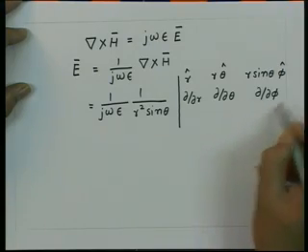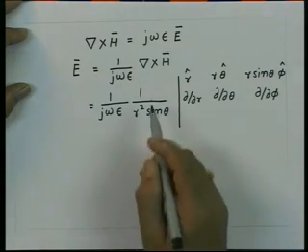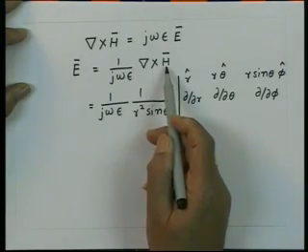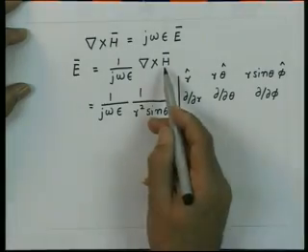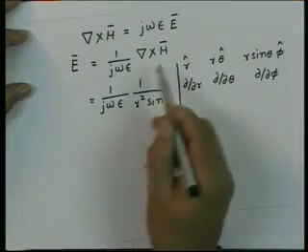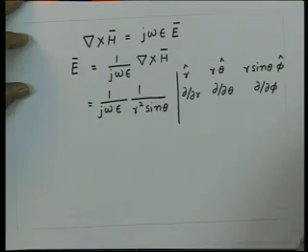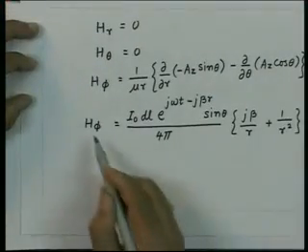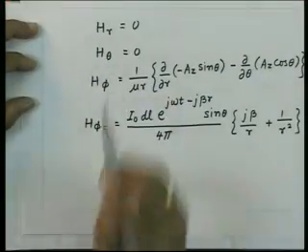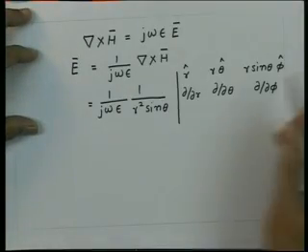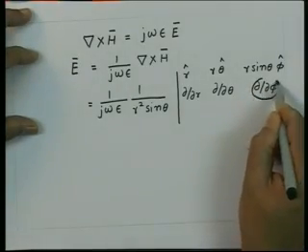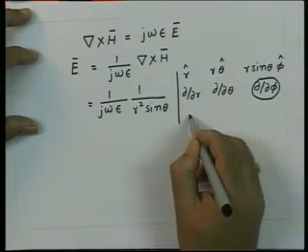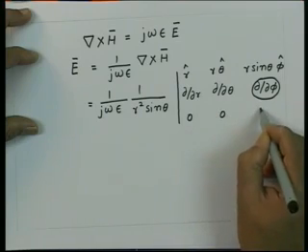We do not have an H_r component, and there is no theta component for the magnetic field. The component we have is only phi. So H_r is 0, H_theta is 0.